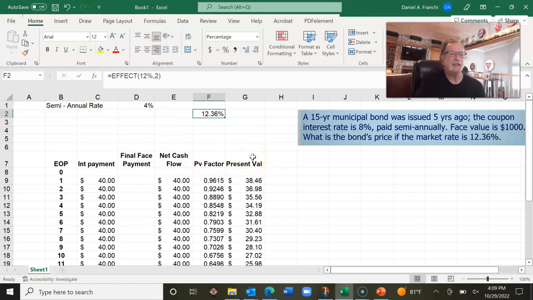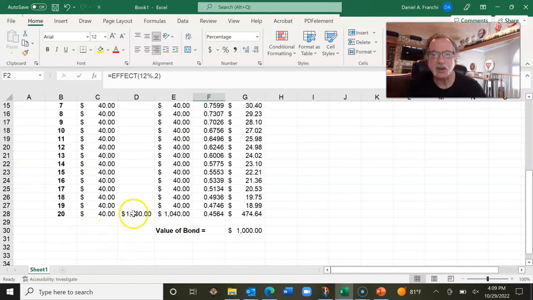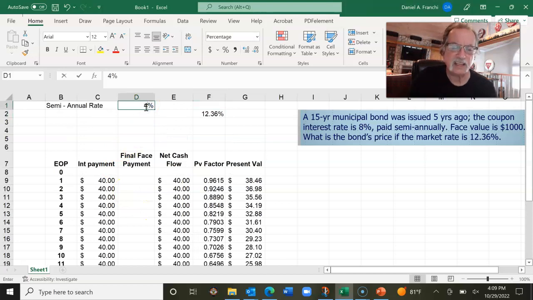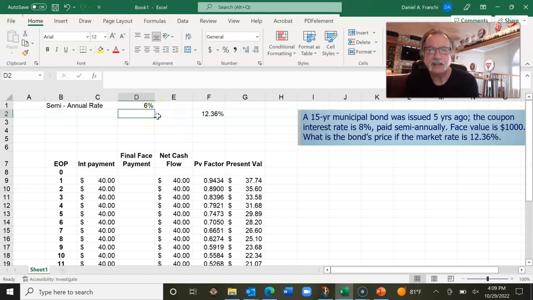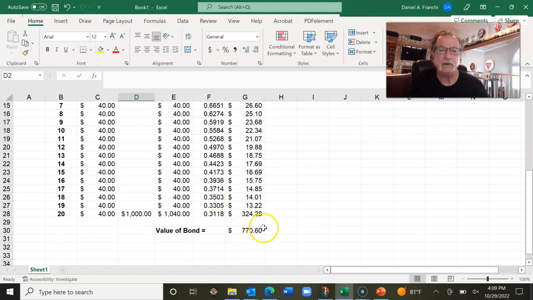If interest rates have gone up, now remember, these cash flows are set in stone. We're going to receive these cash flows. So if interest rates have gone up, the bond is less valuable. It's paying 4%, but the 10-year rate now is 6% semi-annually, and the value of the bond is $770.60.